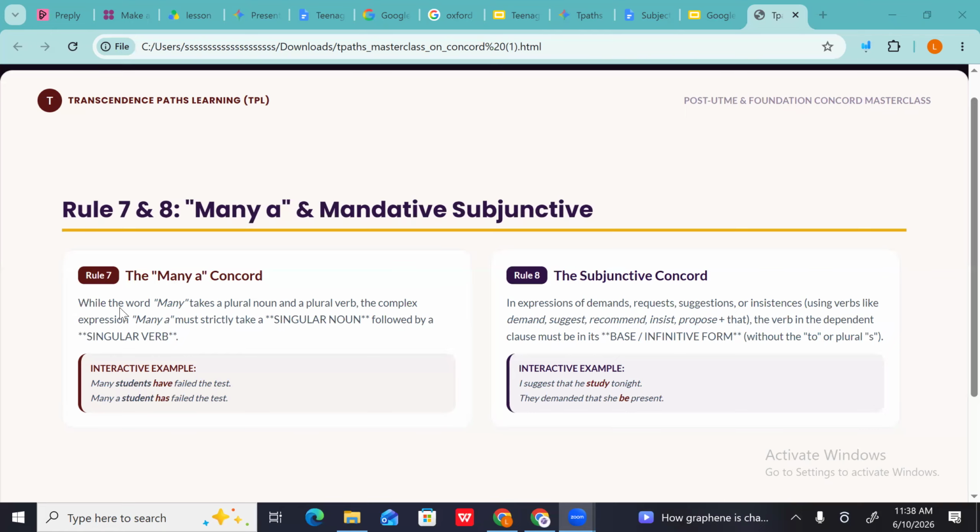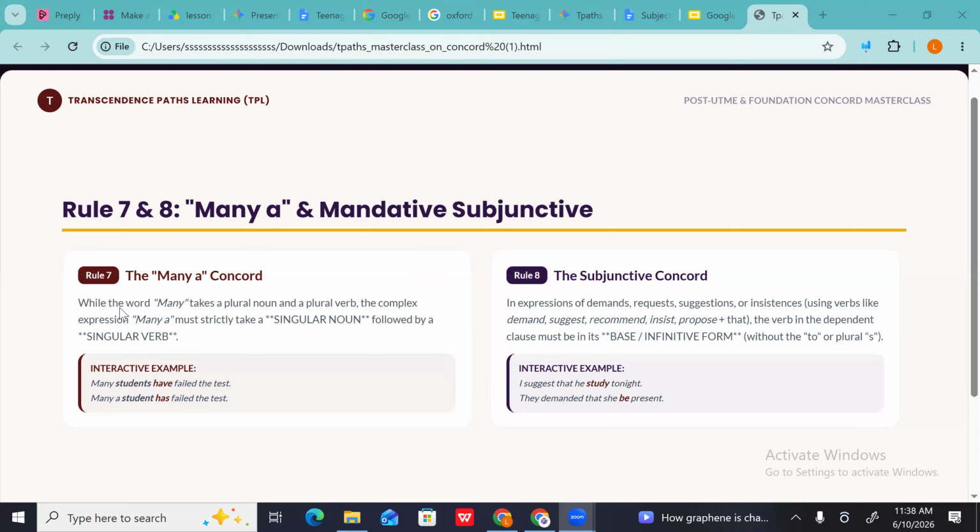When you have many a man, you should have what? Singular. But when you have many students, that's plural. But with many a, please pay attention to that a. If you don't see that a and you see many, please go for plural. But when you see many a, that would be singular. Many a student has failed the test.